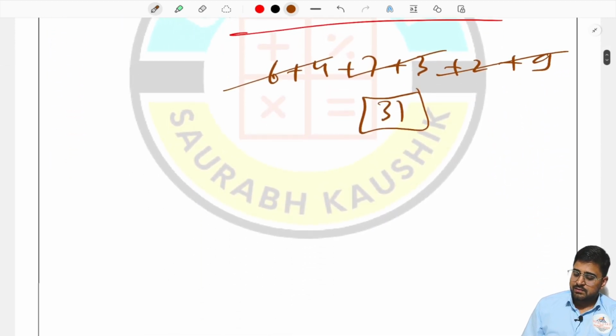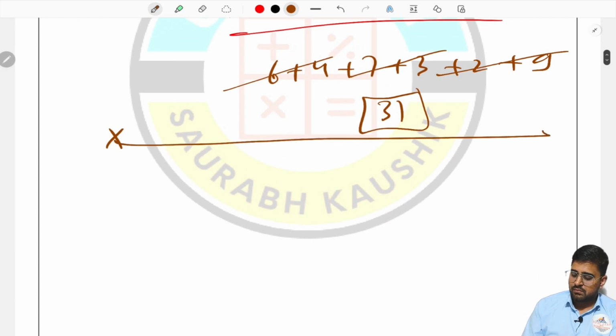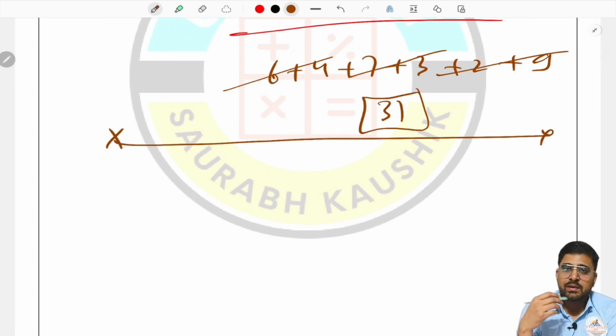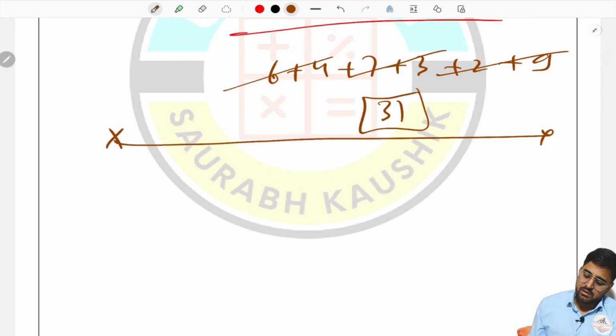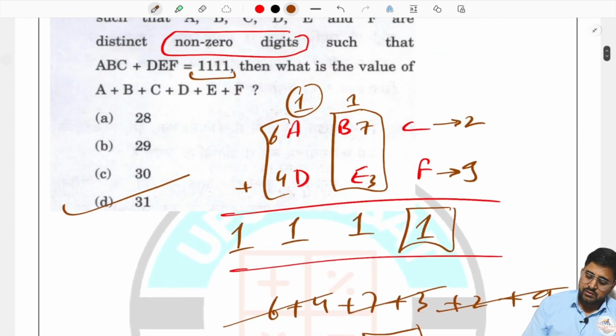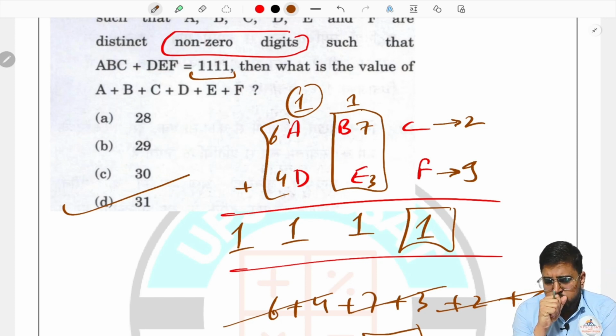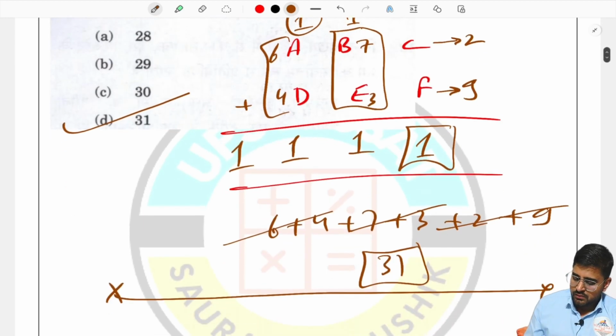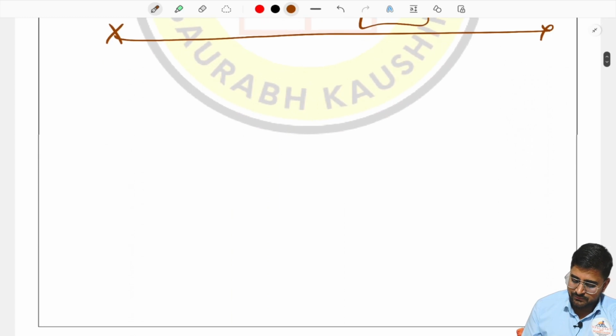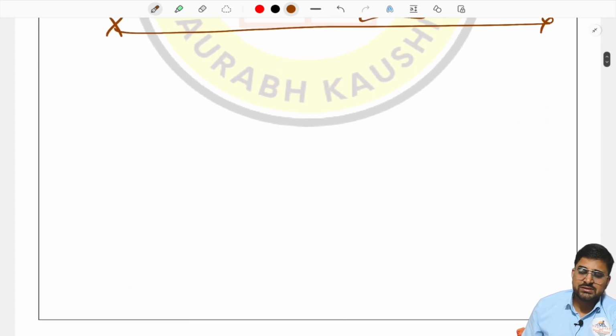Simple question, sorted question. If you make things difficult, they might ask that this non-zero condition is not used. In that case, there might be some cases. We are discussing some extra stuff. It will help you, just be patient.